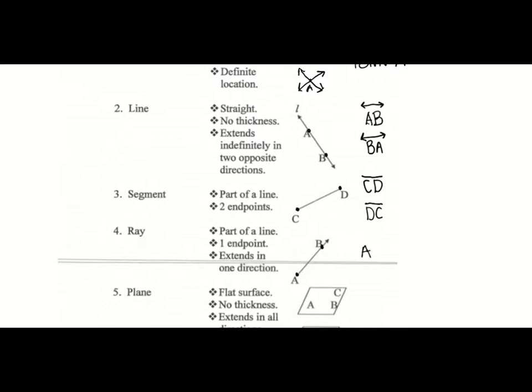A is my endpoint, and B is where my line is going past. So when I write my symbol on top of my points, it's going to start at A and go past B. So B is going to have the arrow. Okay, so these are my 3 different types of lines. I've got the full line and then 2 different parts of a line, a segment and a ray.